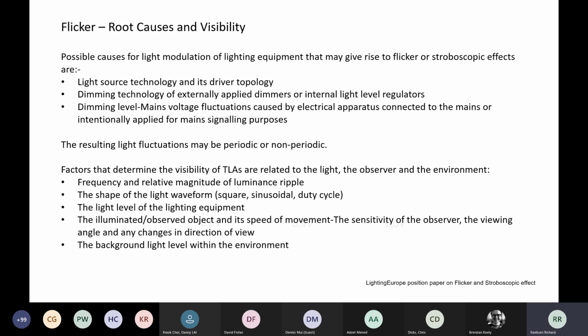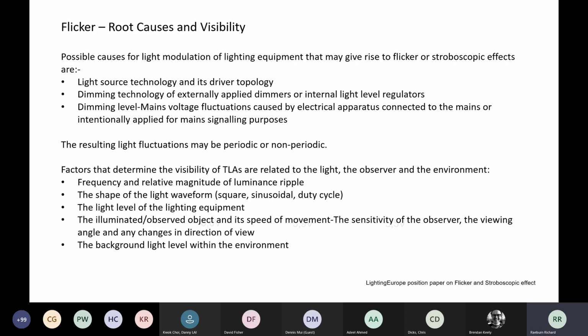And then some of the factors that determine actually the visibility of TLAs, temporal light artifacts, things like frequency and relative magnitude of the ripple itself, the shape of the waveform, whether it's square or sinusoidal, for instance, the lighting levels and background lighting can have a bearing, and then the stroboscopic effects, the speed of movement, and the sensitivity of the observer themselves, and things like the viewing angle and the changes in direction of view when you move yourself, and as I said, the background light level within the environment.